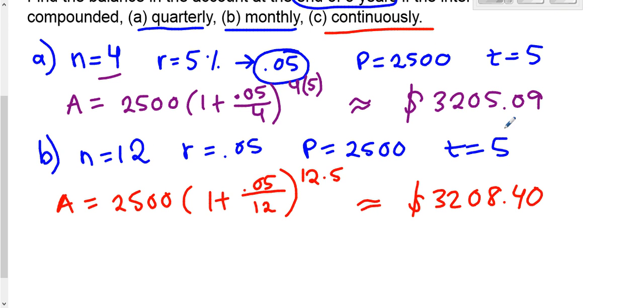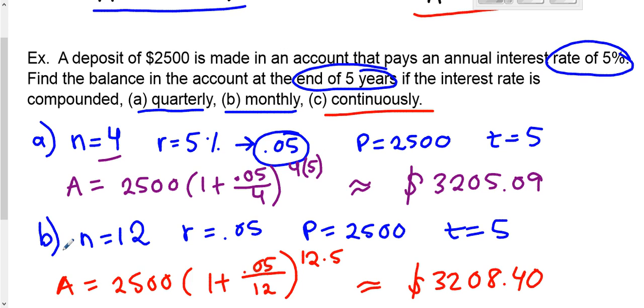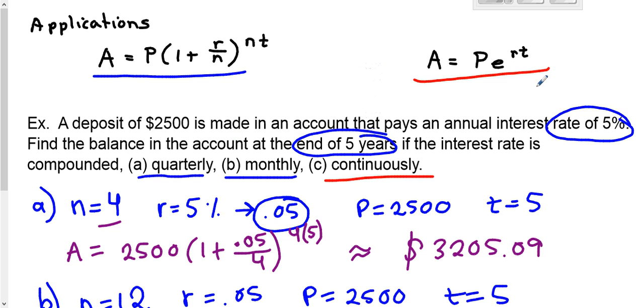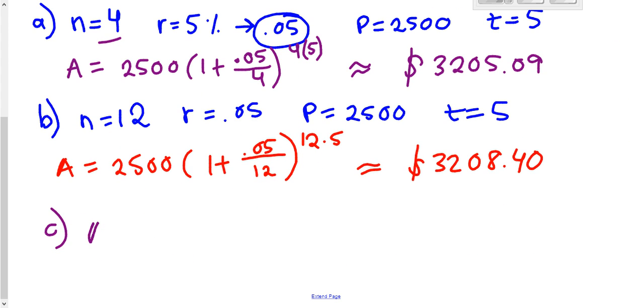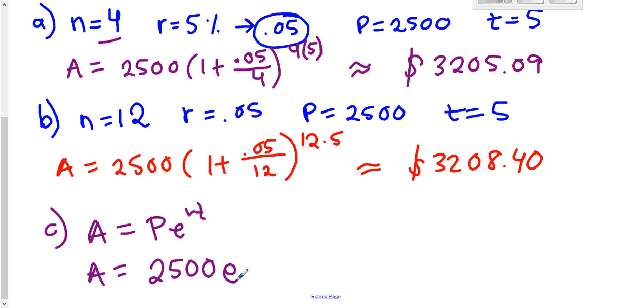And then look at part C, continuously. So continuously is the new equation, A equals PE to the RT. So E is already a number, remember. So if we want A, it's P, which is 2,500, times E, and then we have R, so our rate is 0.05, times T, they're asking us to look over 5 years.